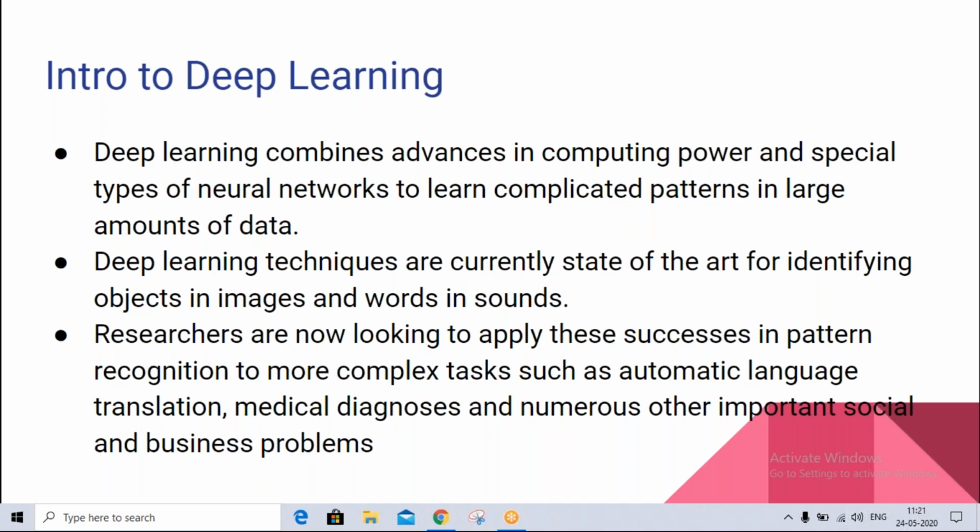So they are trying to solve these sorts of problems with the help of deep learning and neural networks. So if somebody asks you what exactly deep learning is, deep learning is a neural network, basically. It works on the neural network concept, does some sort of analysis on the data, and then gives the prediction as the output.